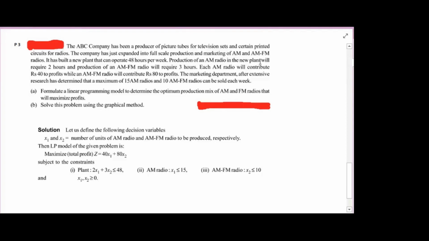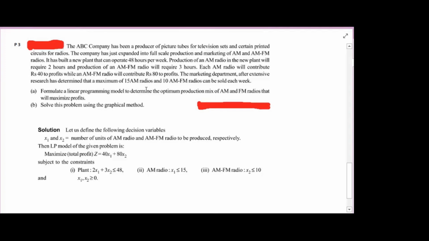Production of an AM radio in the new plant will require 2 hours, and production of an AM FM radio will require 3 hours. Each AM radio will contribute rupees 40 to profit, while an AM FM radio will contribute rupees 80 to the profit. The marketing department, after extensive research, has determined that a maximum of 15 AM radios and 10 AM FM radios can be sold each week.